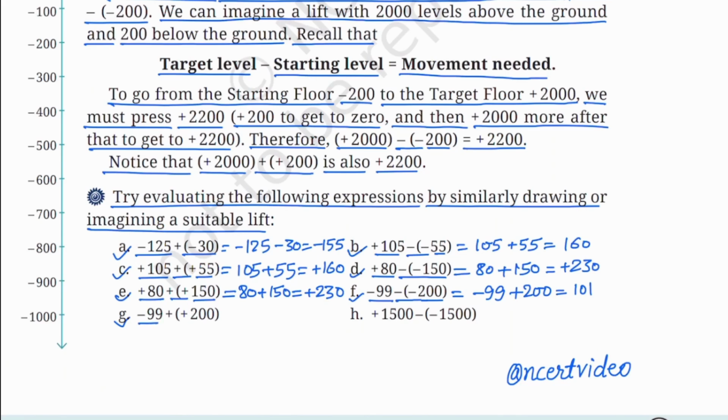G: minus 99 plus 200 is equal to plus 101. H: plus 1500 minus minus 1500 is equal to 1500 plus 1500, which is plus 3000.